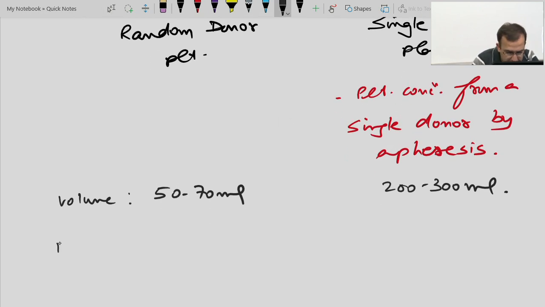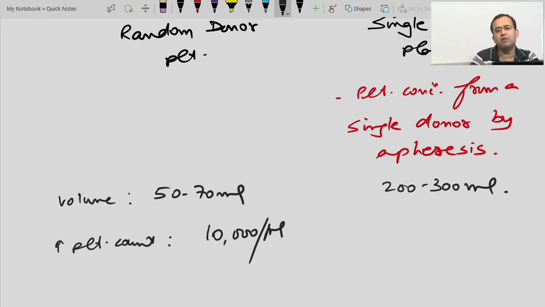Next point, they increase the platelet count. A random donor platelet, one bag, increases the platelet count by 10,000 per microliter versus a single donor platelet which increases by 30 to 50,000 per microliter.